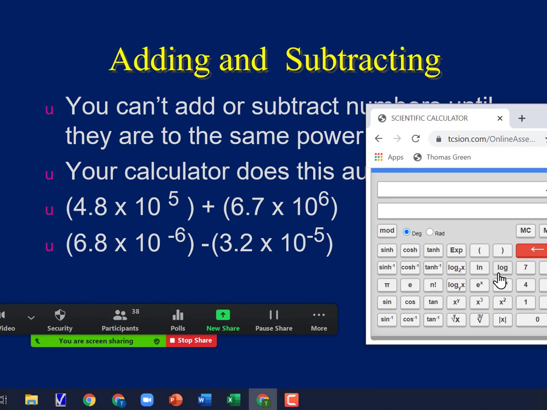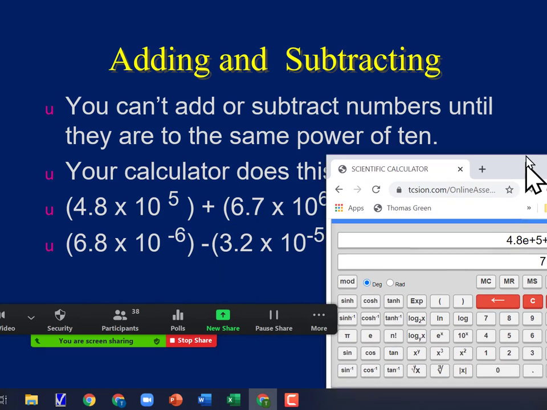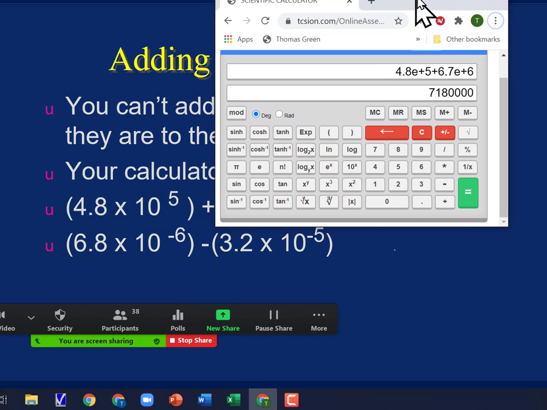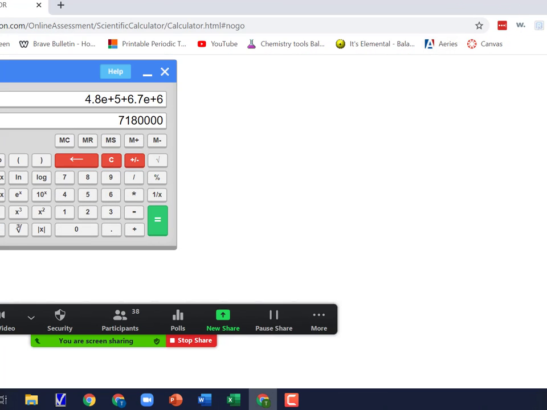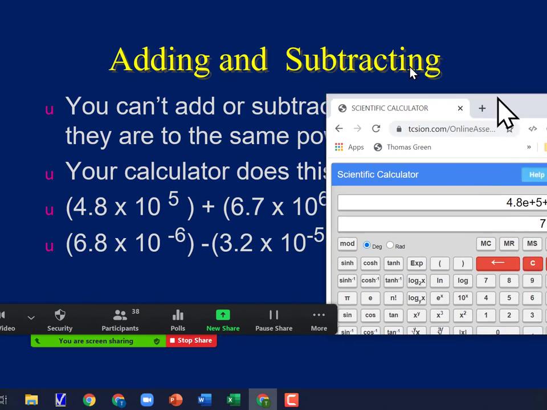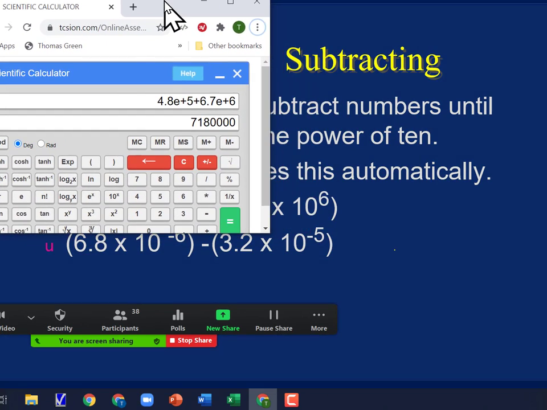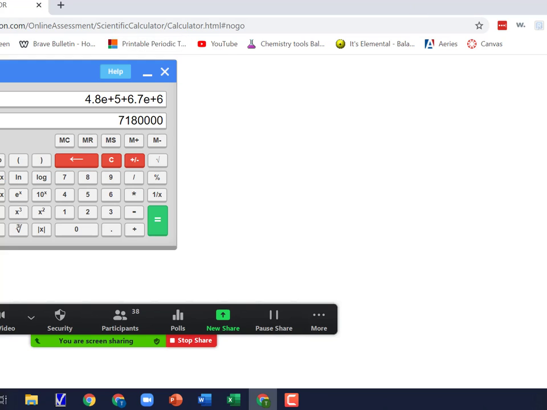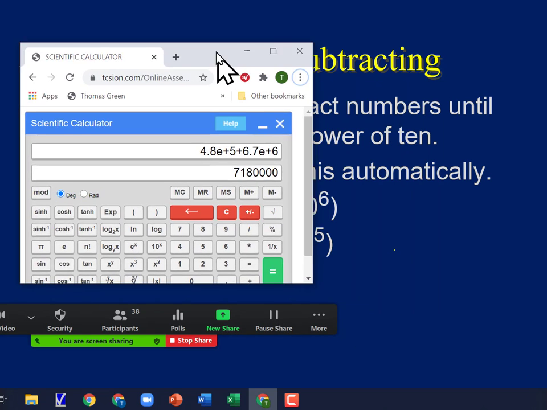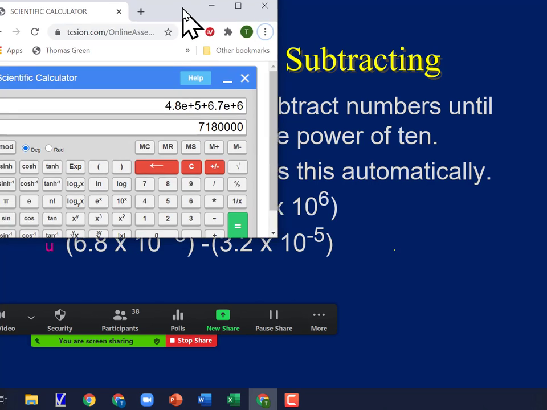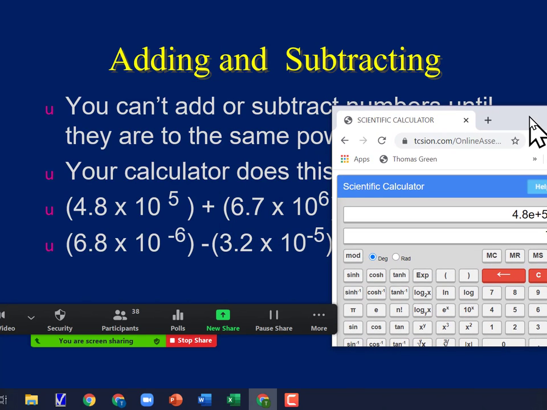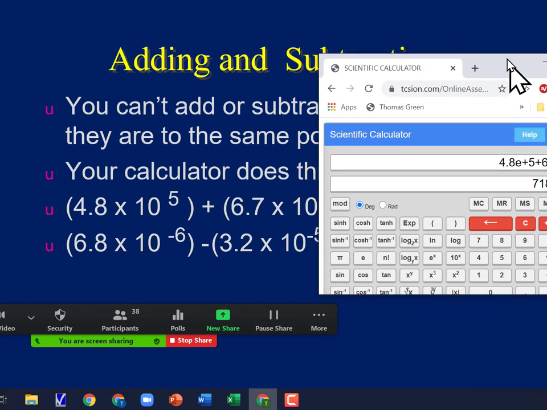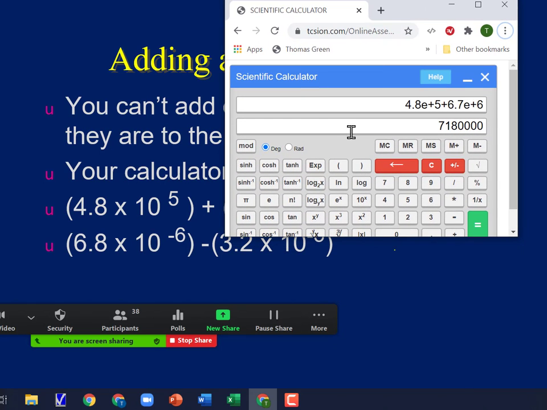Let's see if we agree on what this answer is. So, oops, I didn't want it to go maximum. There we go. I just want it to go here so we can see the question and the calculator. Don't maximize. Okay. Can't see it. If it's right in the middle, so I can't do it all.